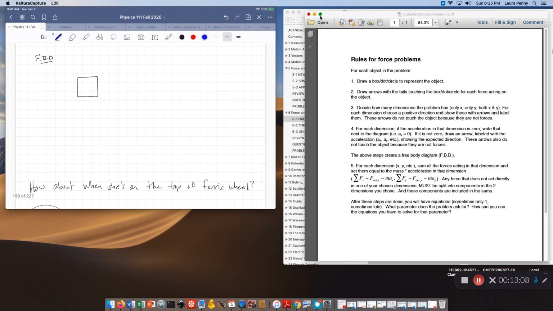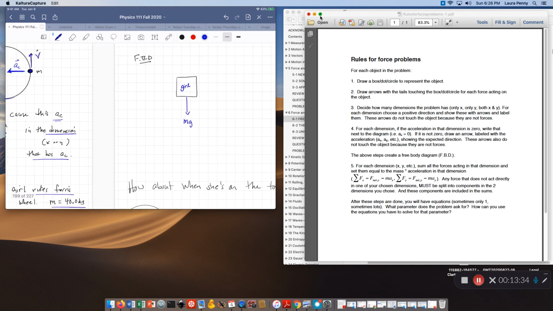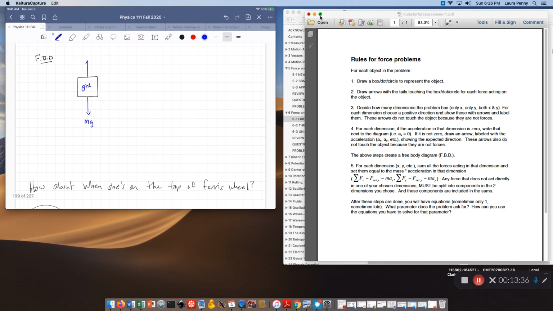So let's go ahead and do a free body diagram for this girl. So the box is the girl, not the thing that she's riding in, but the box is the girl. So she has gravity pulling down on her. But she's inside this chair or something that she's sitting on, and it's pushing up with a normal force, right?